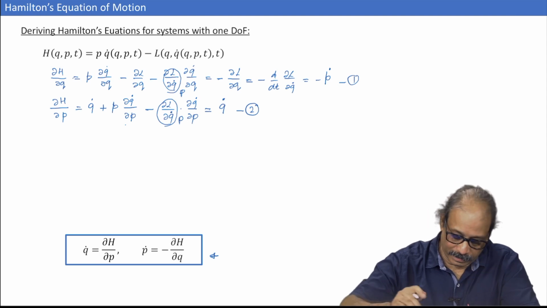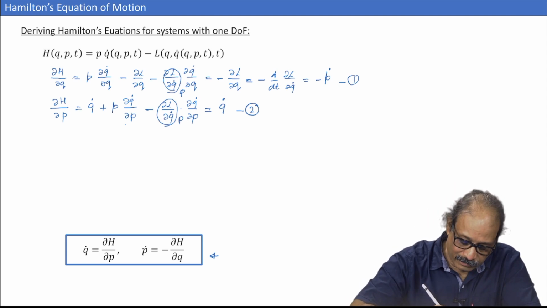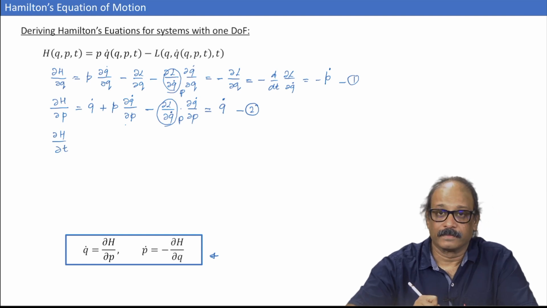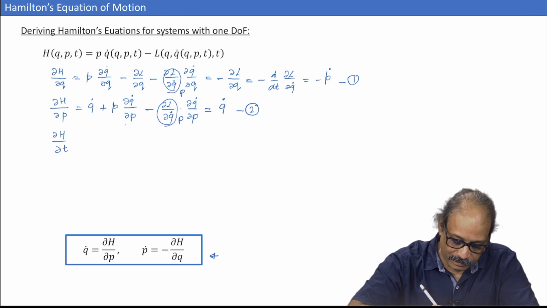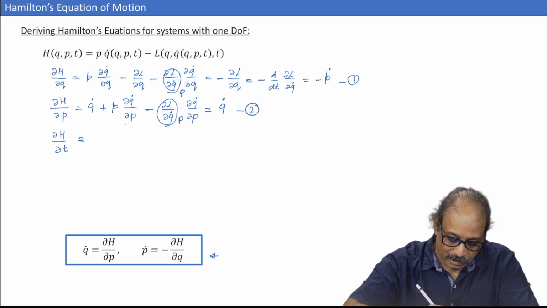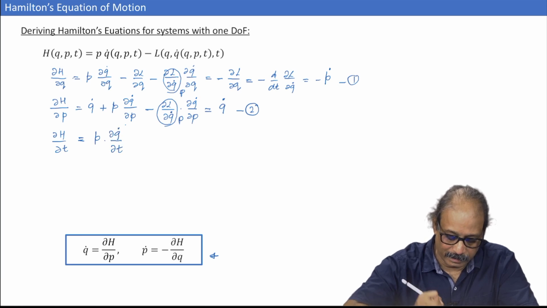I will also go ahead and calculate the partial derivative of H with respect to t. Okay. When you calculate the partial derivative of H with respect to t, remember this will be p, then del q dot by del t, and minus there is a del L by del t.